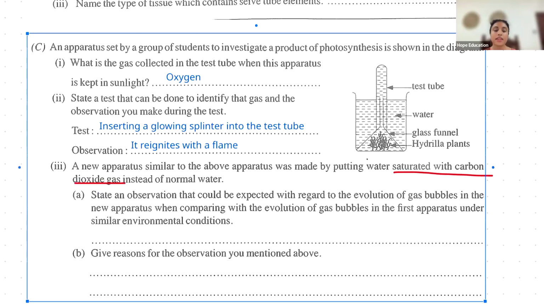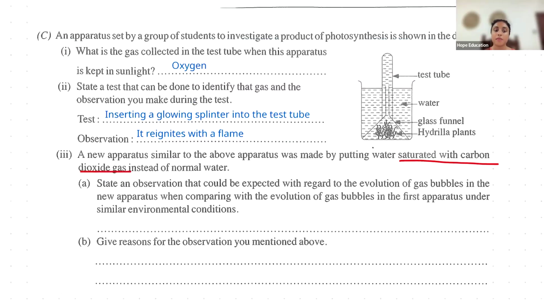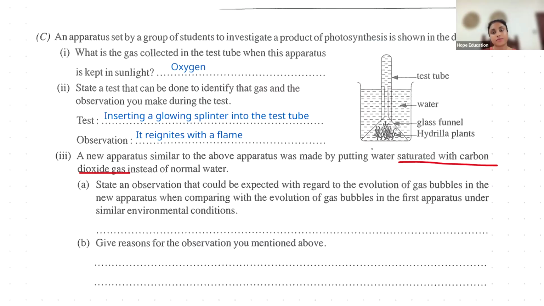State an observation that could be expected with regard to the evolution of gas bubbles in the new apparatus when comparing with the first apparatus under similar environmental conditions. What do you think? What can you say about how the gas bubbles evolve compared to before?